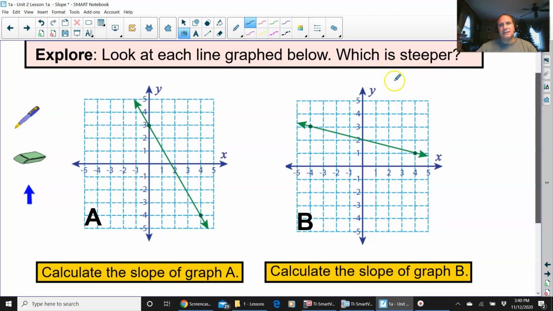Obviously line A is steeper. We could just see it, right? By the way, do both of these lines have positive or negative slopes? Yep, they have negative slopes because they go down from left to right. Both of them, negative slope, negative slope.